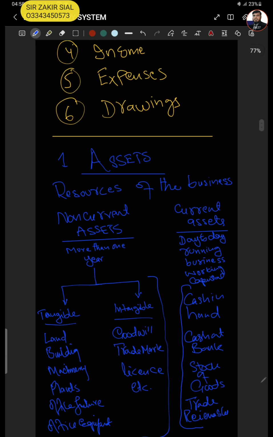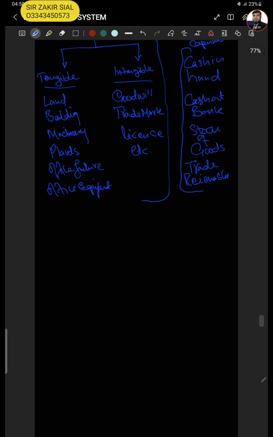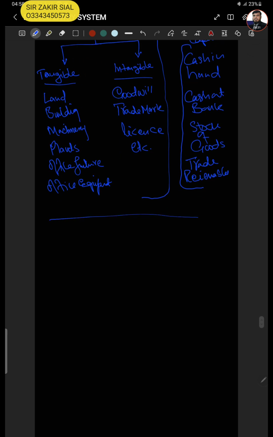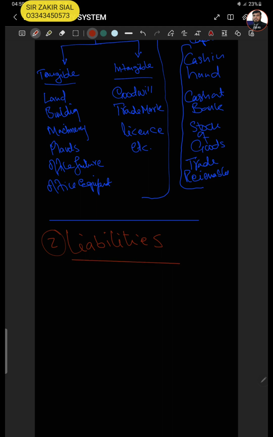Second is liabilities. Liabilities are all payable amounts.